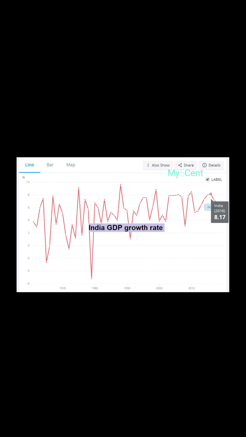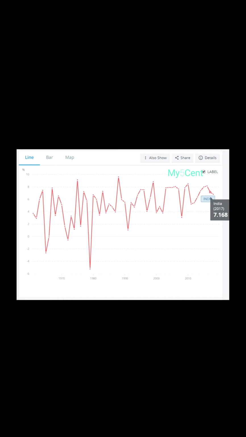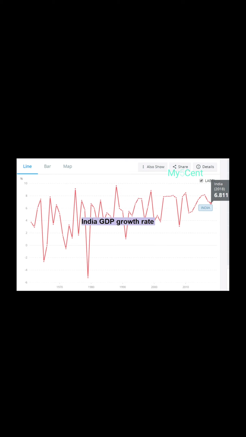However, since 2016, India's GDP growth rate has been declining at a steady pace, from 8.17 in the year 2016, to 7.1 in 2017, and 6.8% in 2018.